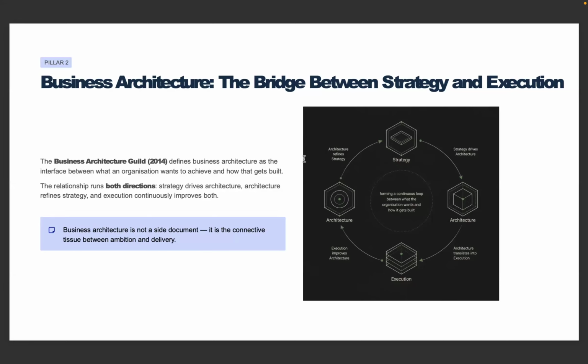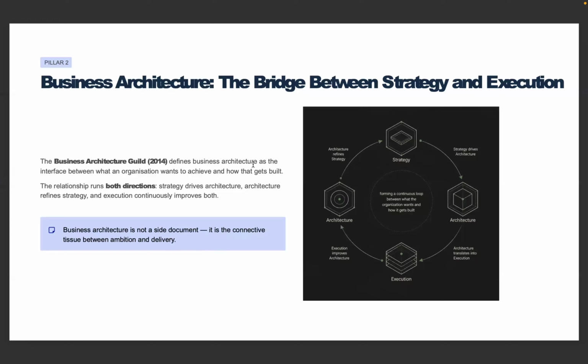Okay, now we've understood how to analyze problems using the POPIT model. So let's talk about the business architecture. The business architecture helps us connect business strategy with the execution. We should think about it like this: a company may have a goal, for example, they want to improve their customer experience.